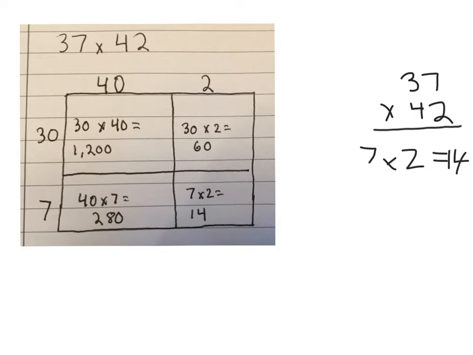Then we're going to multiply the ones times the tens, 7 times 4, but really it's 7 times 40. And that's 280. Then we're going to multiply our tens times our other ones, so that's 30 times 2.